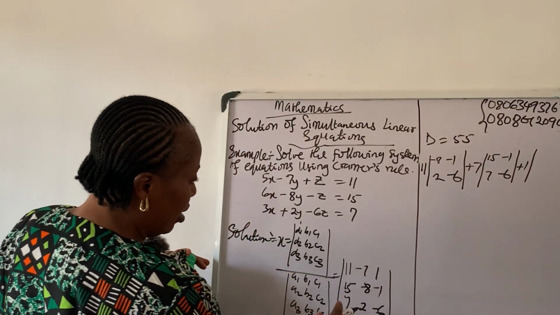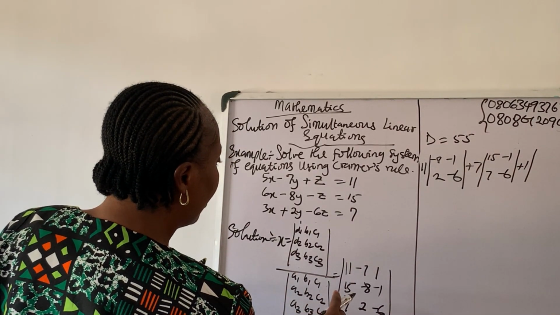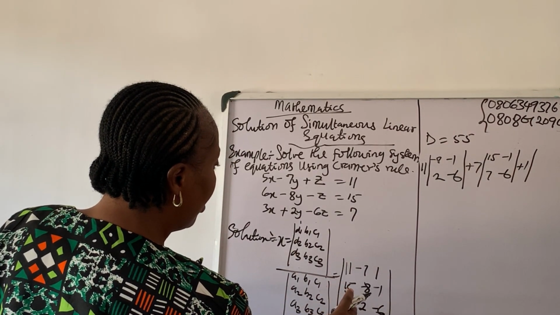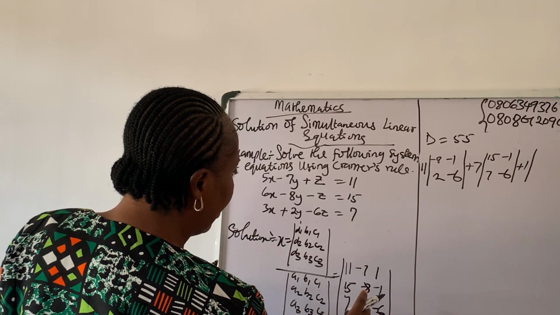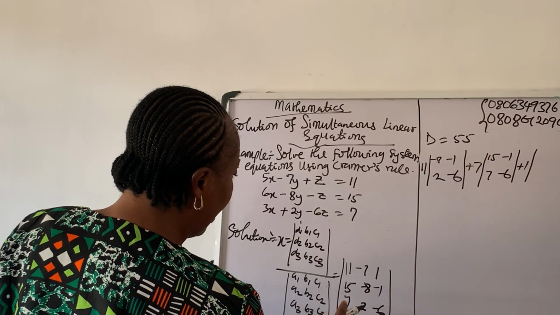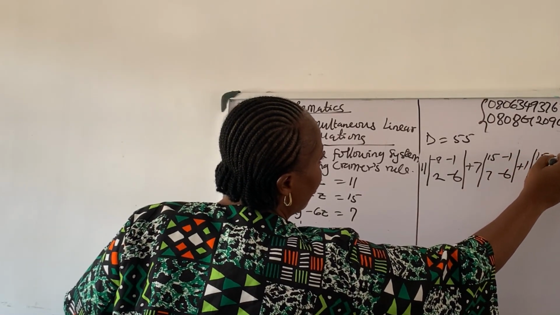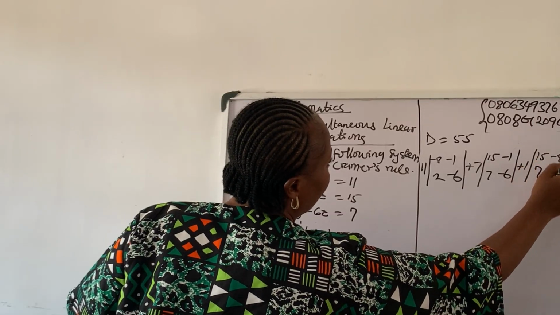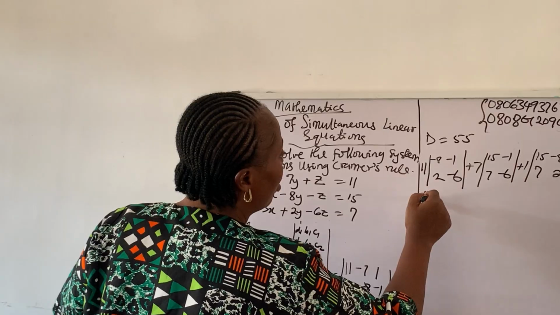The numbers to be considered are 15, minus 8, 7 and 2. Yes, we are good to go.